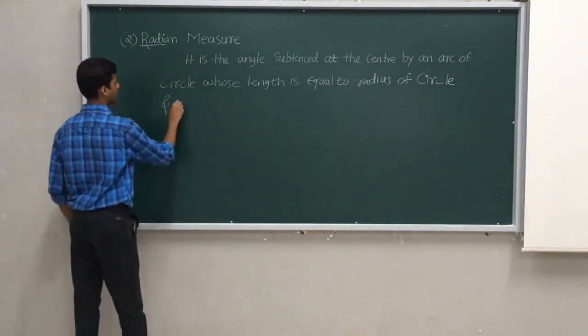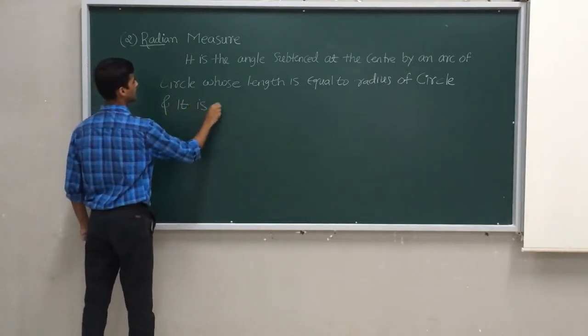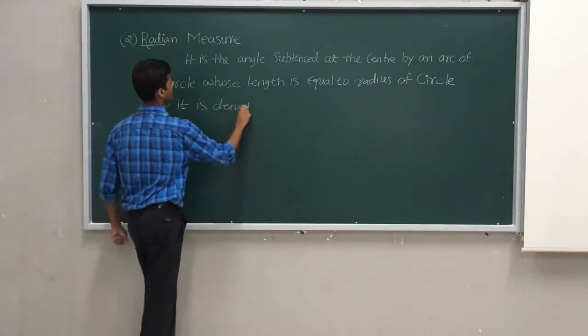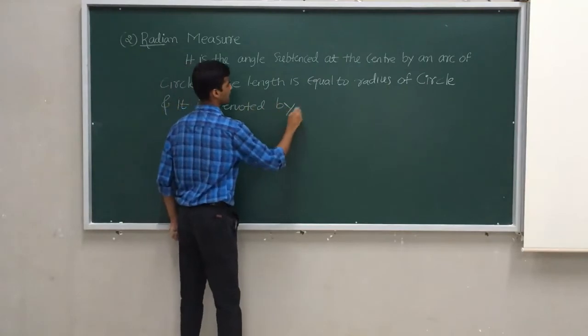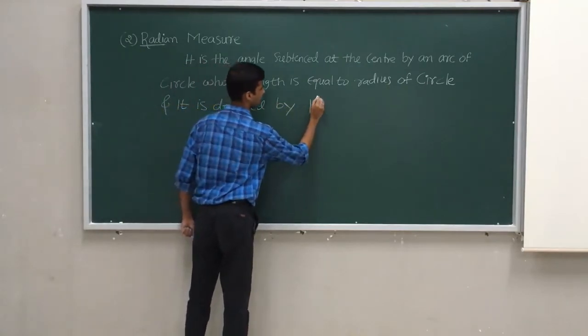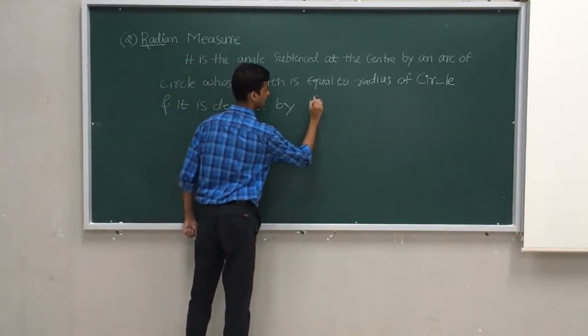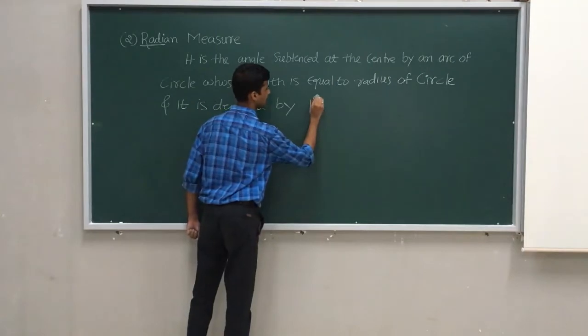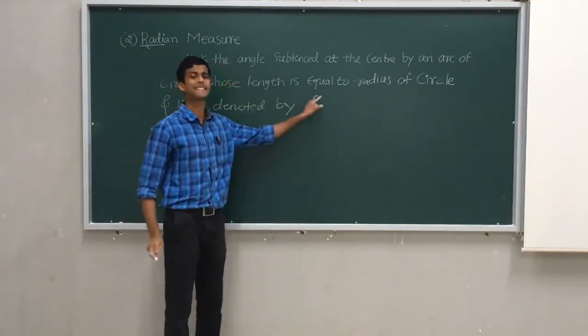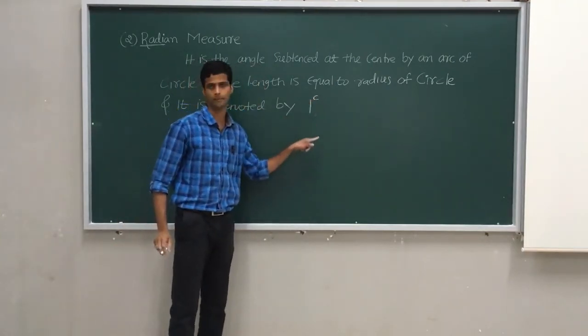And it is denoted by 1, with a small letter c over it. Don't write a round symbol now.